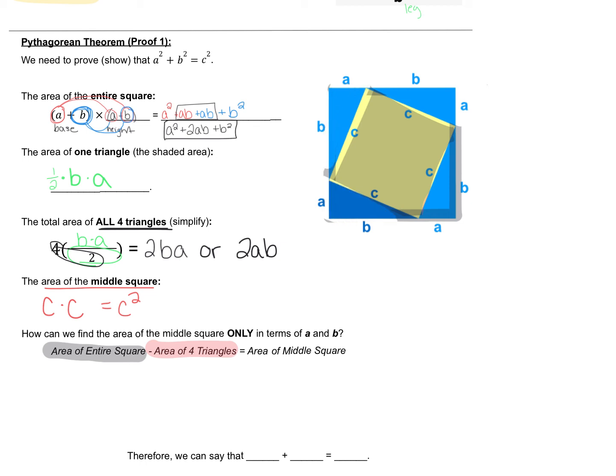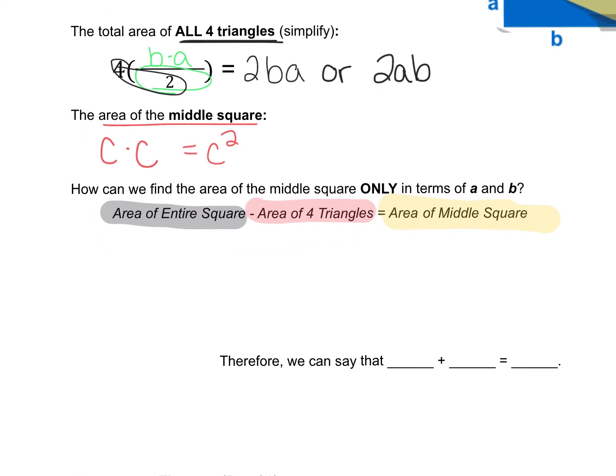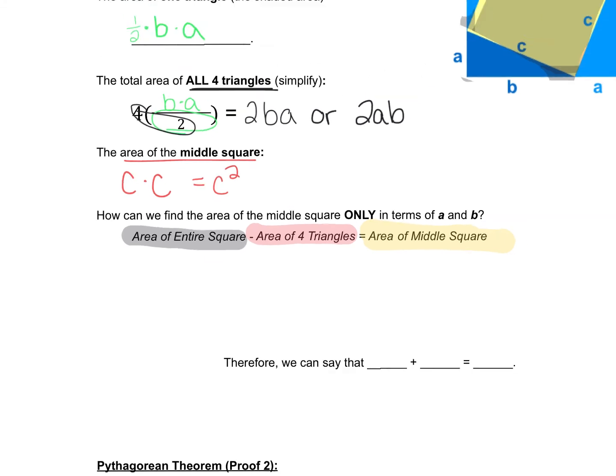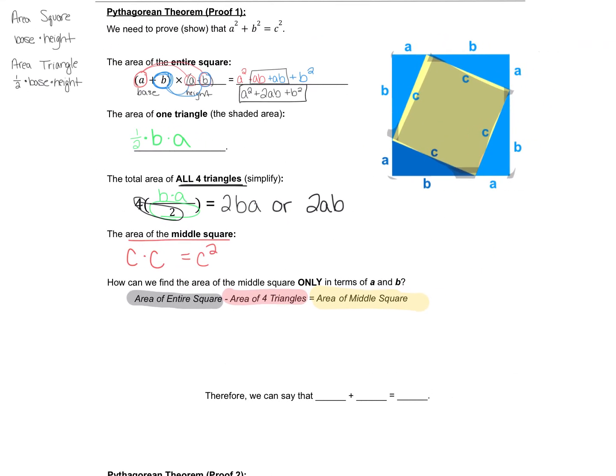I took away the triangles, and now I'm left with that yellow square. So that's where I'm getting this formula. The area of my entire square was A squared plus 2AB plus B squared.